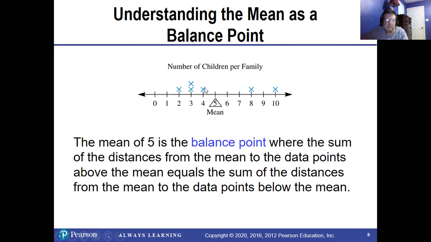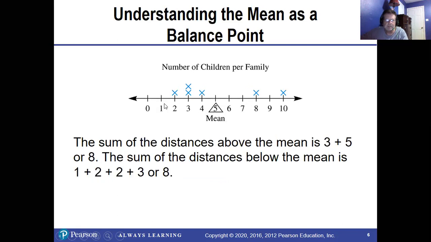If you think of it as a balance, these would weigh 18 over here, these would weigh the 6, 12, and your average here is going to be your 5. It kind of keeps it balanced. The sum of the distances above the mean is 8. The sum of the distances below the mean is also 8.